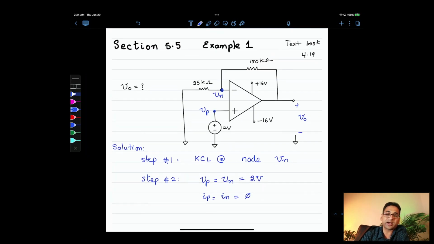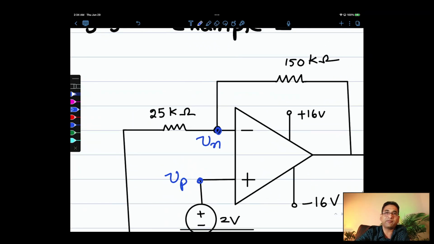Now we are ready to write KCL at node Vn. At node Vn, the current going in this branch plus the current going in this branch plus the current going in here, which is really 0, all those three add up, because these are the branches coming out of the node Vn.